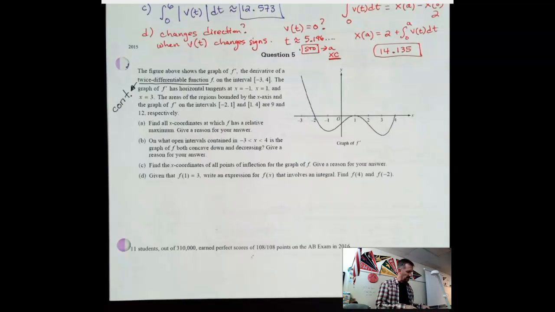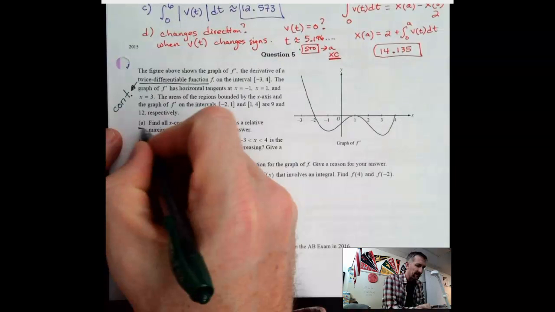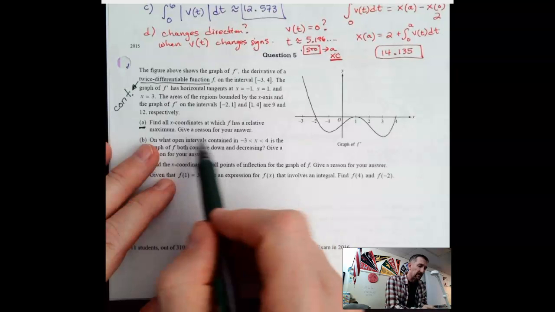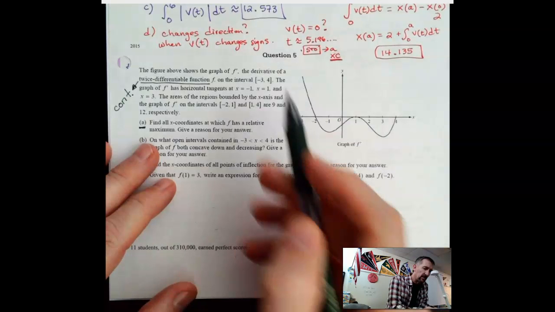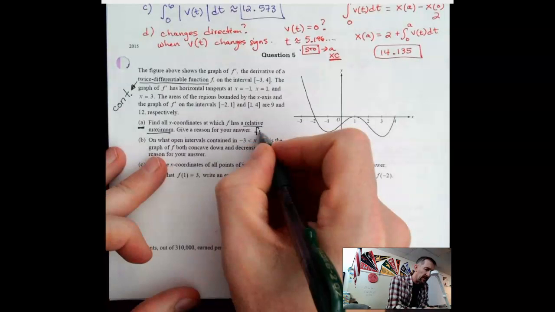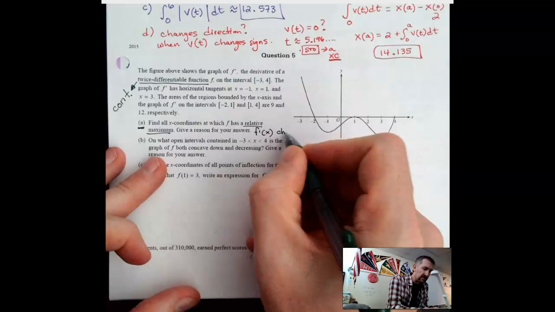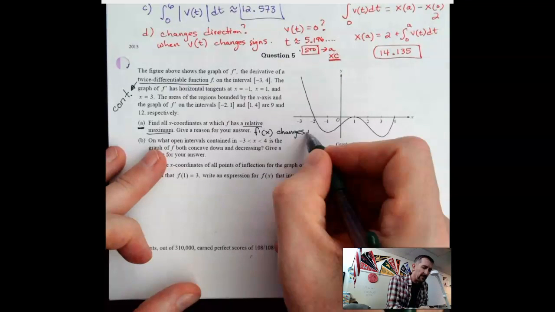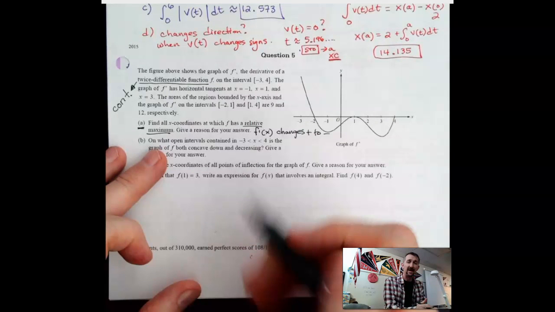All right. Find all of the x-coordinates at which f has a relative maximum. Give a reason. So here's the derivative. We have a relative maximum when f prime of x changes from positive to negative. That's when we have relative maximums.